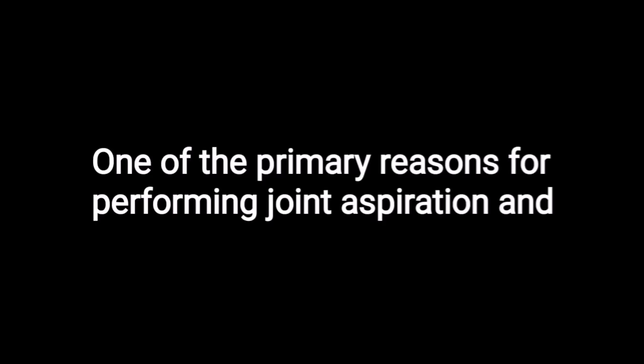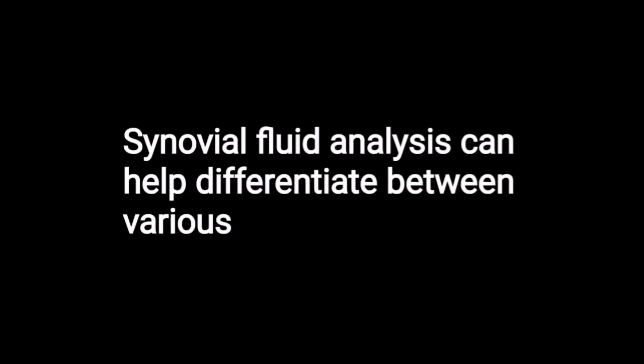Importance in diagnosing conditions. One of the primary reasons for performing joint aspiration and analyzing synovial fluid is to diagnose specific joint conditions. Synovial fluid analysis can help differentiate between various types of arthritis, such as osteoarthritis, rheumatoid arthritis, and infectious arthritis, septic arthritis.